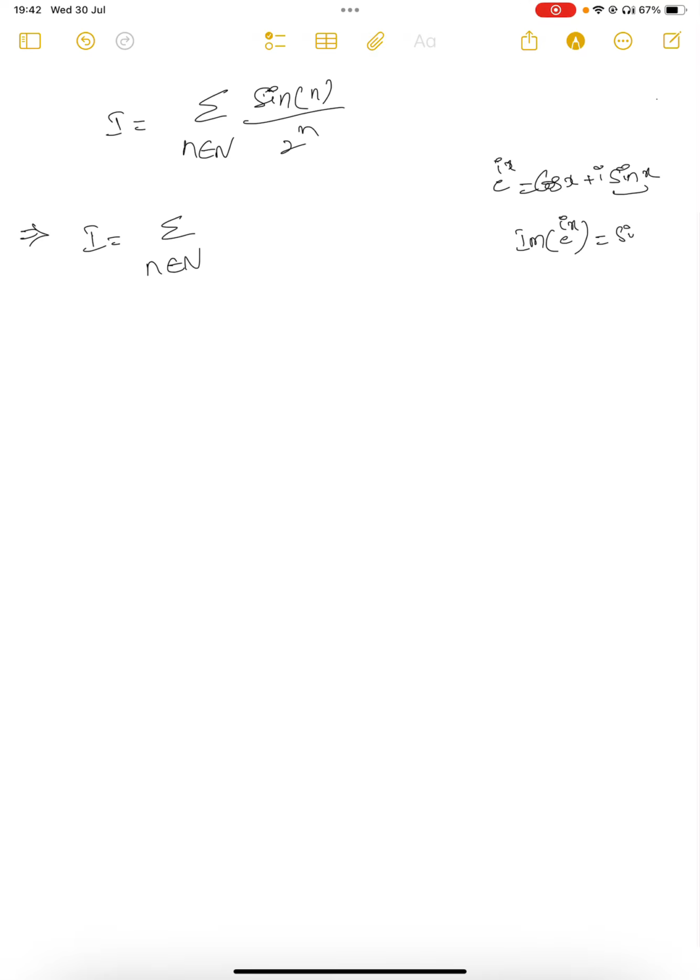Similarly, here we write it as the imaginary part of e power i n by 2 power n. So I equals the imaginary part of the summation n belongs to N of (e power i by 2) whole power n.